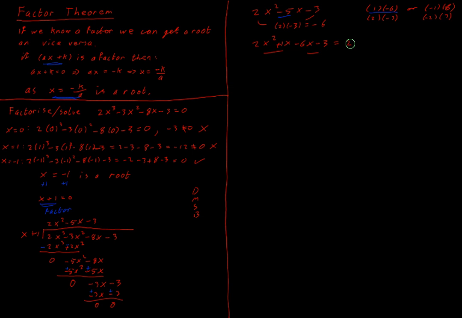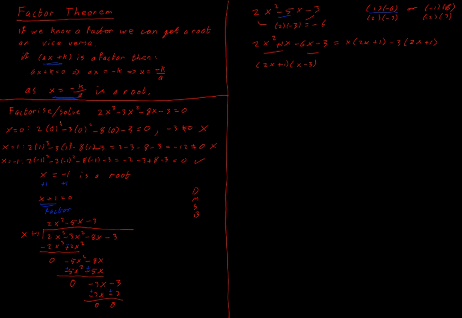So the common factor from my first two is going to be x. I am left with 2x plus 1. Common factor from the second two is going to be minus 3, and I'm left with 2x plus 1. So I don't have to do anything clever about taking out negative common factors or anything. It worked out fairly nicely. I get 2x plus 1 and x minus 3.